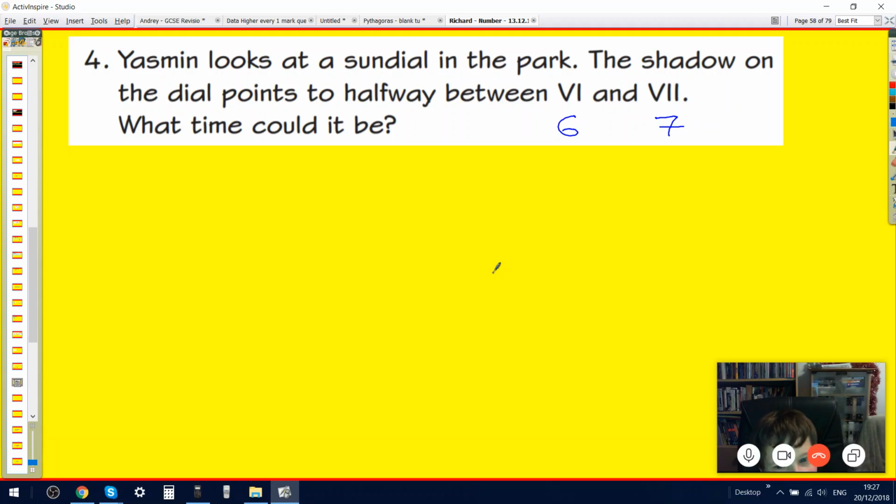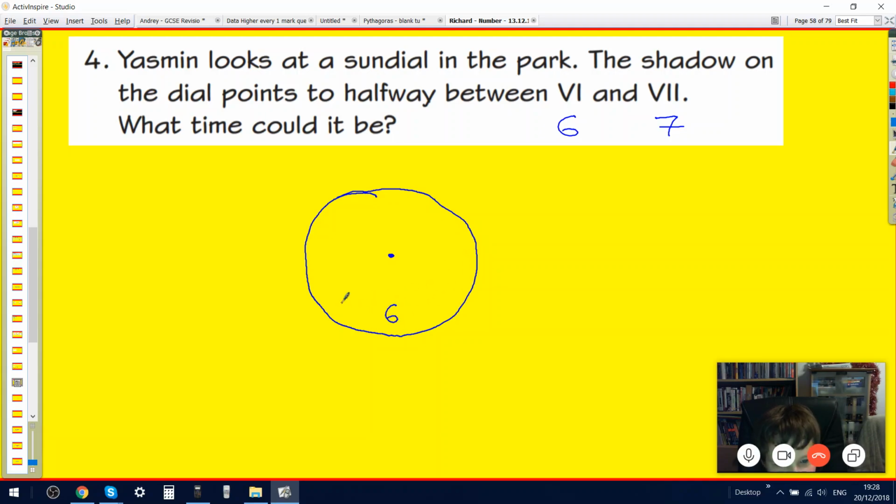So the dial points to the 6, which is 30, and so the other hand is... A sundial, right. Okay, so a sundial doesn't have another hand.